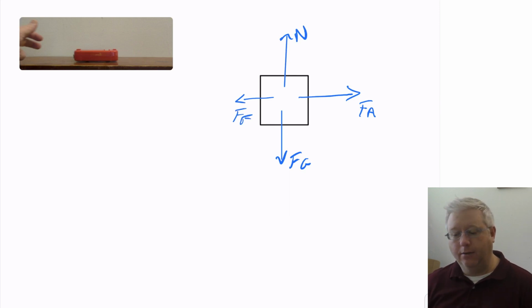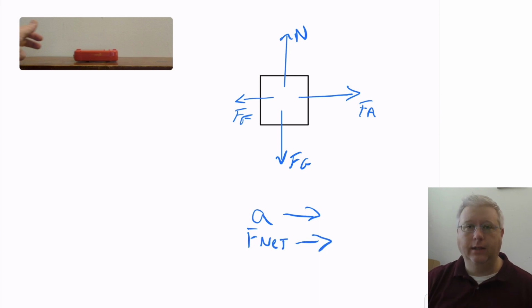So we're accelerating, which means our acceleration is to the right, so our net force is to the right. And this only lasts while I'm applying that force and it's accelerating.